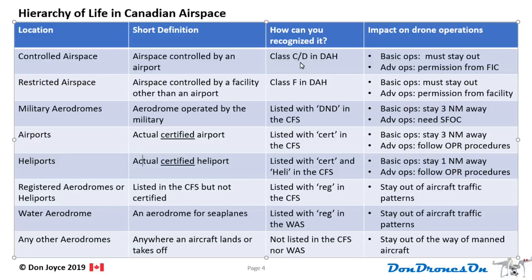There are lots of other classes of airspace in the controlled airspace category, but from a droning perspective, you're only interested in the ones relatively close to the ground. Basic operations, you must stay out of controlled airspace. If you have an advanced operations in effect, amongst the other regulations associated with controlled airspace, you must get permission from the authorized owner of that airspace, who you can determine from the Flight Information Center, the FIC.